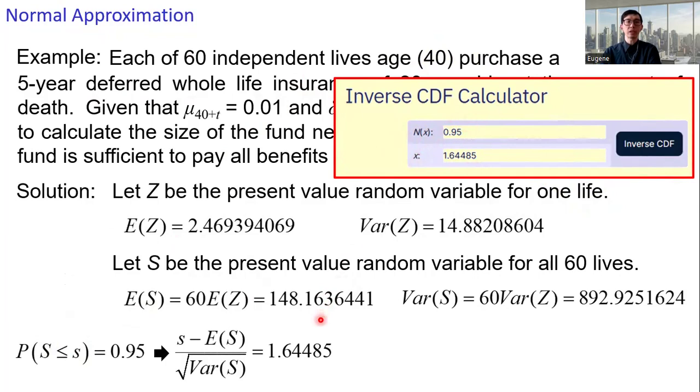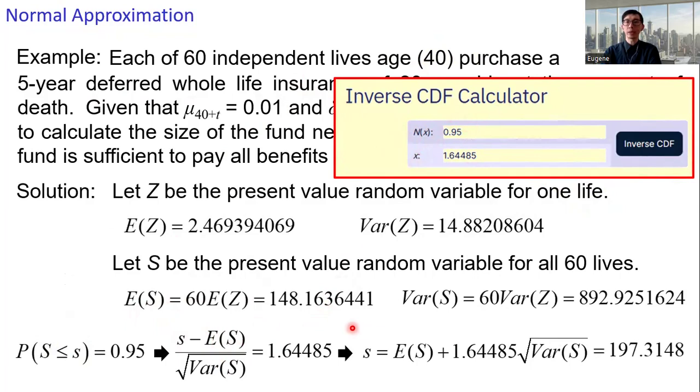So we have this expression equals 1.64485. We get the expected value of S and the variance of S respectively. Upon calculation, we get the answer. The initial amount of fund is 197.3148.